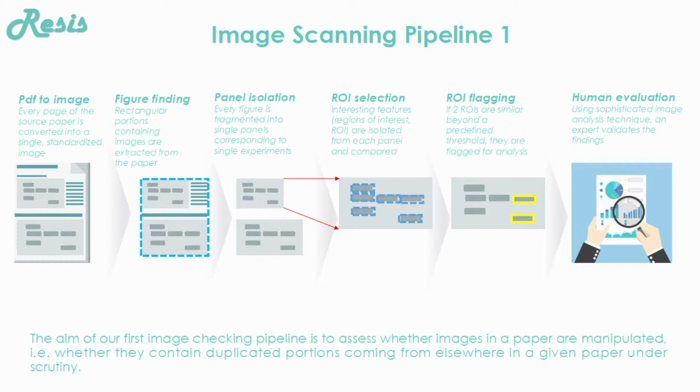One pipeline is aimed at finding internal duplication. You want to find whether a given image, which represents some physical experiment like gel electrophoresis or a microscope image, contains self-similar regions. Very often what people manipulating images do is simply copy, like you saw in some gels from David.